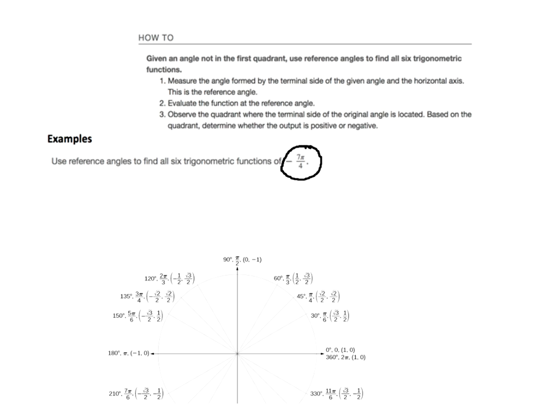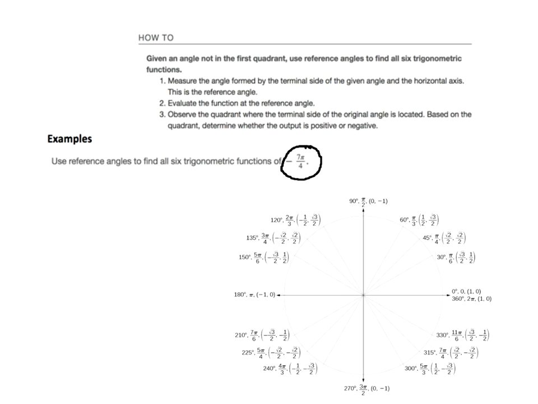So if we move negative 7 pi over 4, remember negative moves us in the clockwise direction.